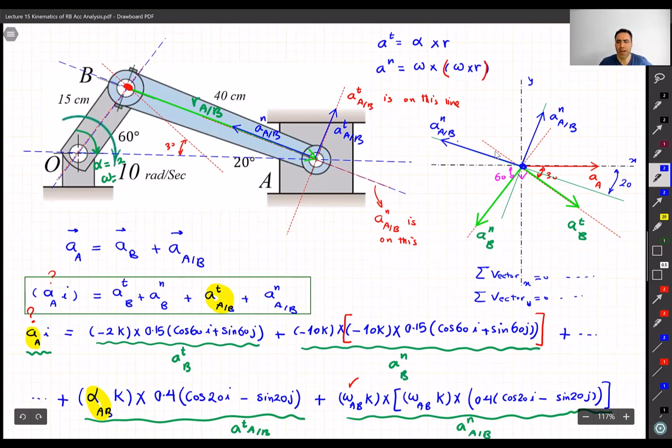So try to find out the components in X and Y, and then you can find out the unknown. You're going to get two equations and you can solve them. I'm going to stop here, and then we're going to solve another example next lecture to make sure that you understand this topic. Okay? So rather than rushing it today.